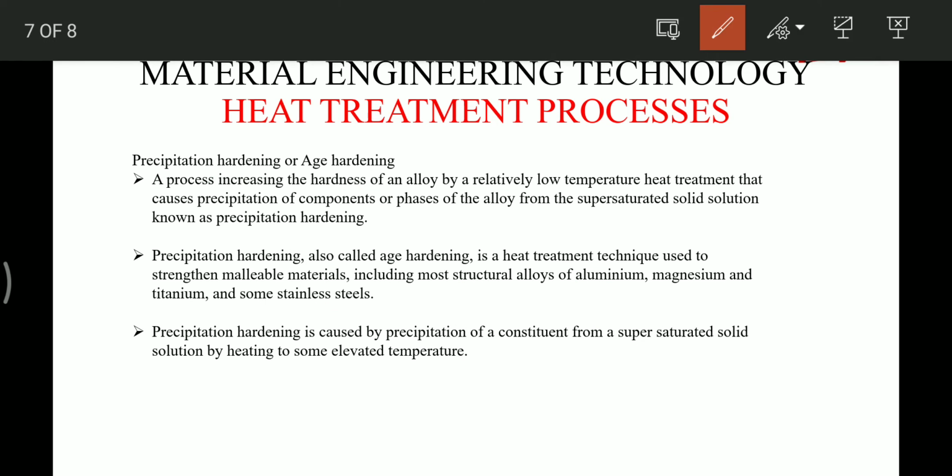Then the other process is precipitation hardening, or the age hardening. So the process increases the hardness of an alloy by a relatively low temperature heat treatment. So basically the main advantage of this process is that the heat treatment process is carried out at low temperature.